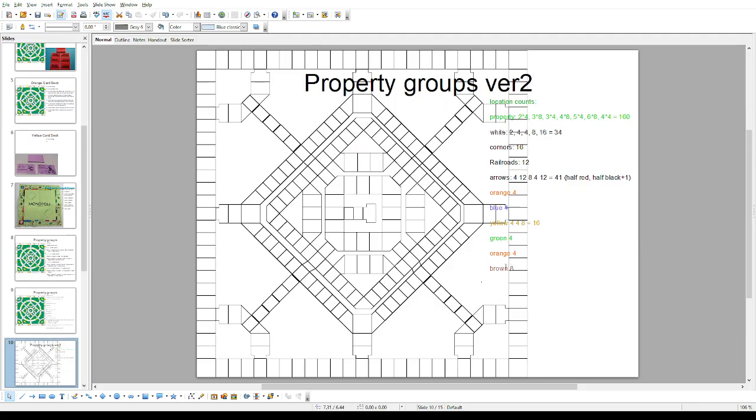Back to number crunching the percentages. Ring 1 has 4 property groups with 2 spaces in each. This means that Ring 1 has 50% of the spaces in it as colored property groups.